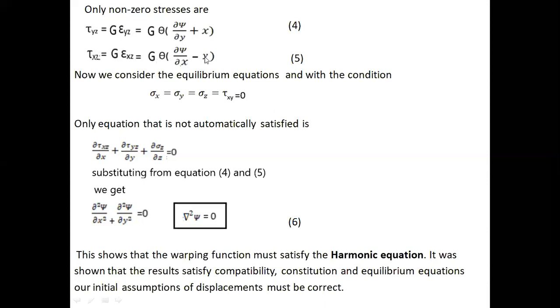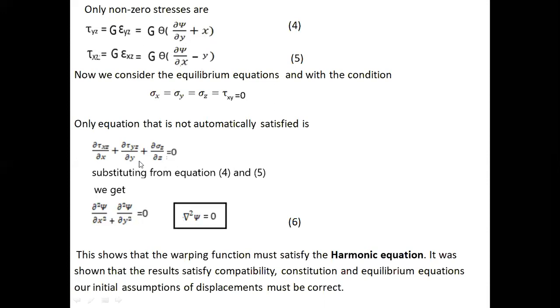That will be 0 because y is not a function of x. Similarly, if we differentiate with respect to y, that is del tau yz by del y, then you get G theta times del square psi by del y square plus del x by del y, and that is also 0 because x is not a function of y. These are only the coordinate points.